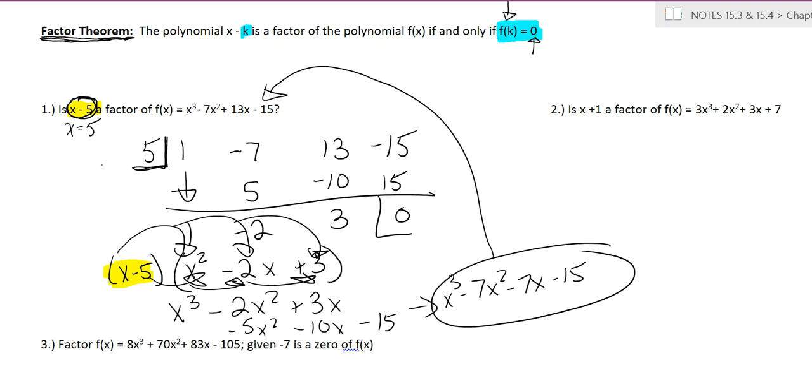So using synthetic division is really a way to see what the factors are and to help us factor higher degree polynomials. And this will actually help us to solve these really complex higher degree polynomials. And we'll see that in just a little while.